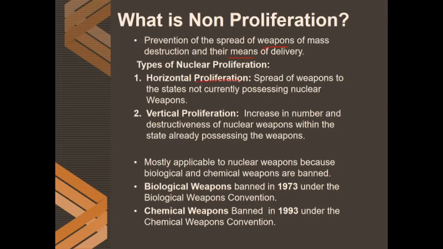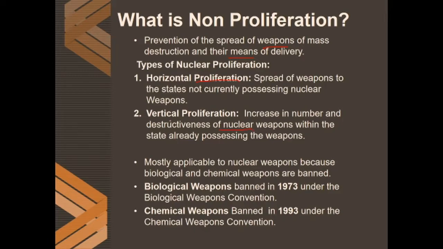So what does horizontal proliferation mean? It is the spread of weapons to the states that are not possessing nuclear weapons already, and vertical proliferation means increasing the destructive power of nuclear weapons. That is vertical proliferation.